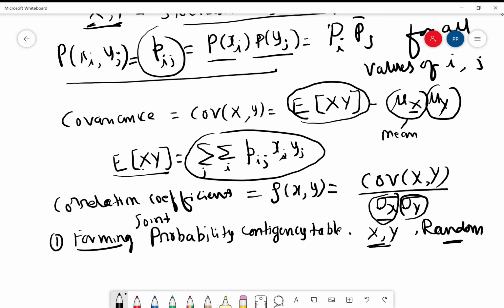In the first sentence you are given a random experiment, then two variables are defined, and you are asked to find the joint probability distribution corresponding to those two discrete variables.